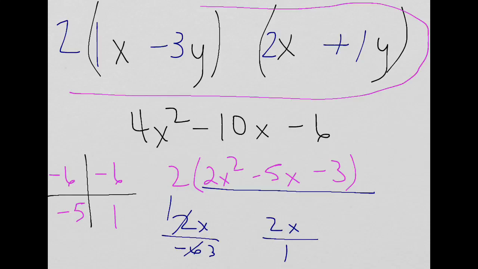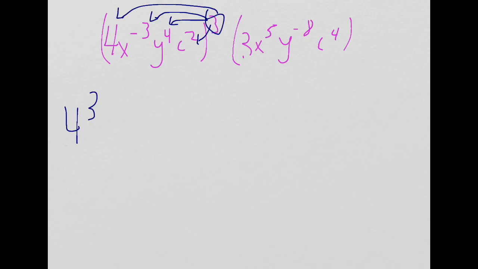I want to distribute the 3 to everything. So x to the negative third to the third, a power raised to a power. Y'all should have already learned this. What do I do with the two exponents? Multiply them together. So that's negative 3 times 3 for my new exponent of x, which is negative 9.